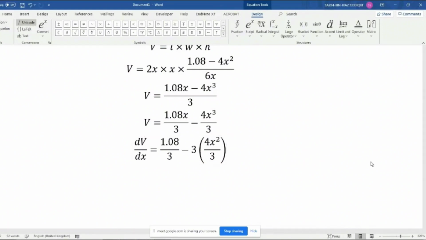What is 1.08 upon 3? Yes, class. Use your calculators. Tell me what's 1.08 upon 3? 0.36. And then we can cancel out these two 3's, and what do I get? Minus 4x square.